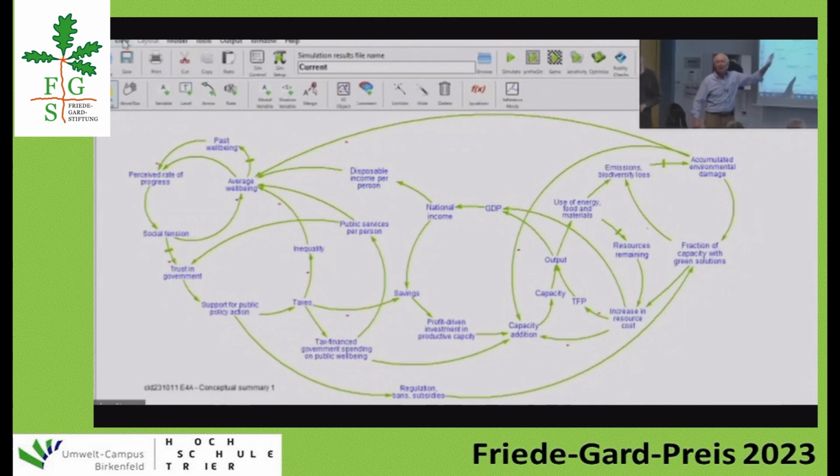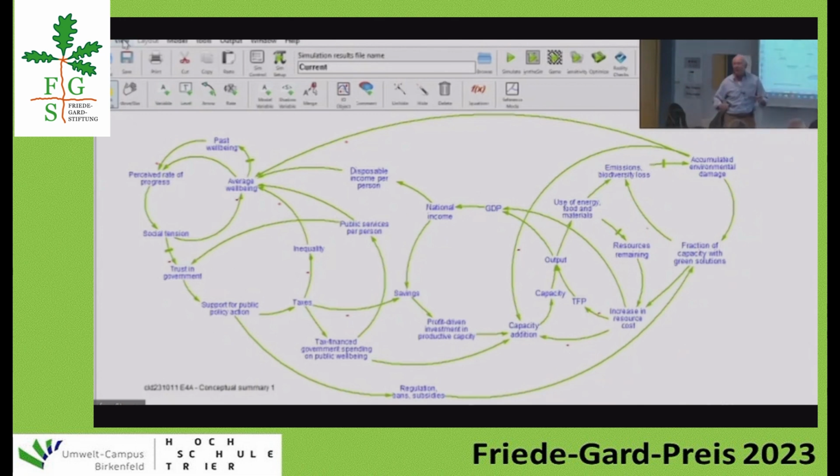So you should think about the fact that yes, there is a population outside. There is the GDP as a central concept, and there is the accumulated environmental damage. These are in many ways the two main determinants of the system.